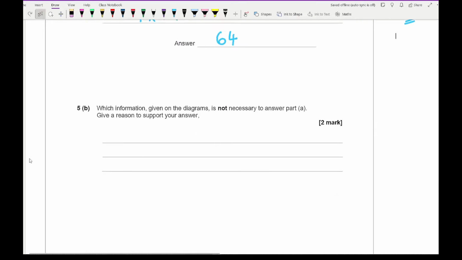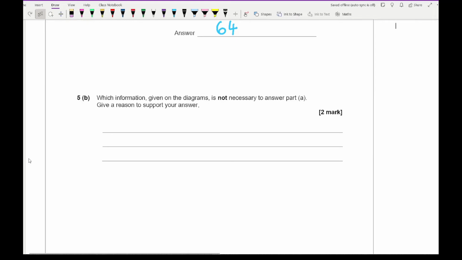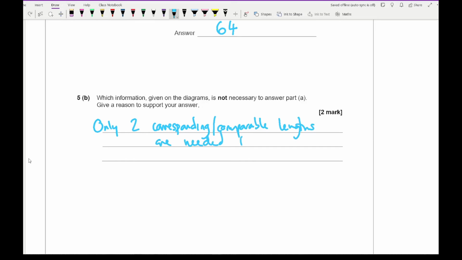Then moving on to question 5b, it says which information given on the diagram is not necessary to answer part A? Well, using the knowledge of similar area and similar volume, you could basically say that only 2 corresponding sides, or comparable side lengths, are needed to find the scale factor.